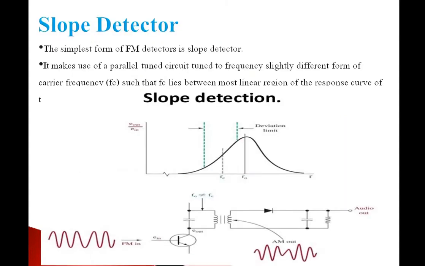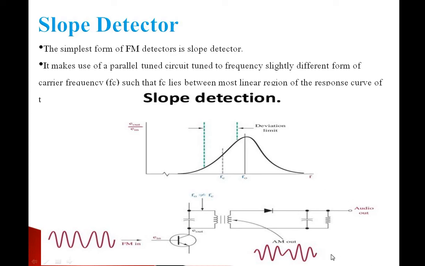Okay, this is the demodulator side, and this is the block diagram for that. This slope detector will have your primary winding. This whole part is your discriminator part, and this part, the capacitor and resistor, is your envelope detector.